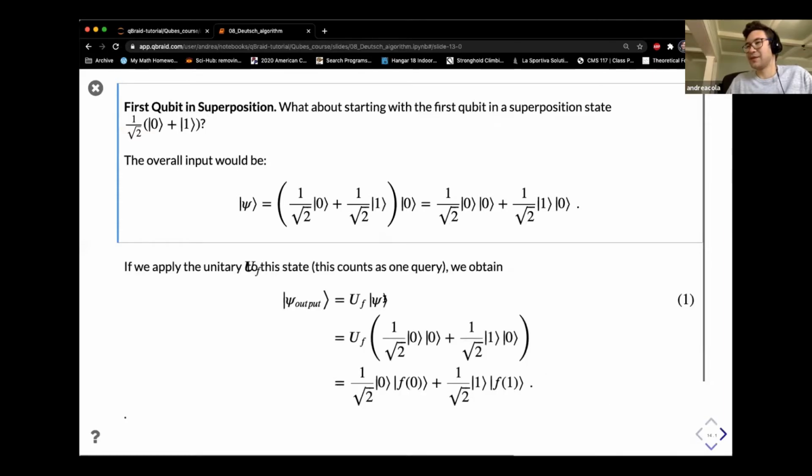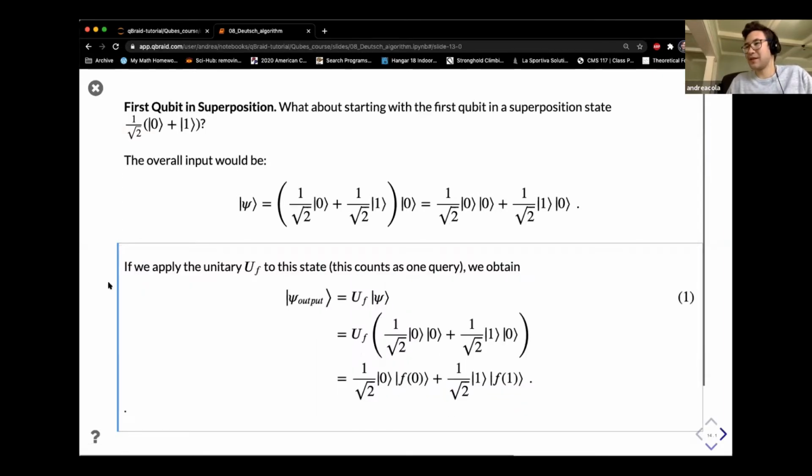Okay. What does that buy us? Now, if we apply the unitary U_f to psi, and this counts as one query, so we're using up our one query, what we obtain is the following. The output will be U_f applied to the state that we had before, |0,0> plus |1,0>, and what you obtain in the end is 1 over square root of 2 |0, f(0)> plus |1, f(1)>.